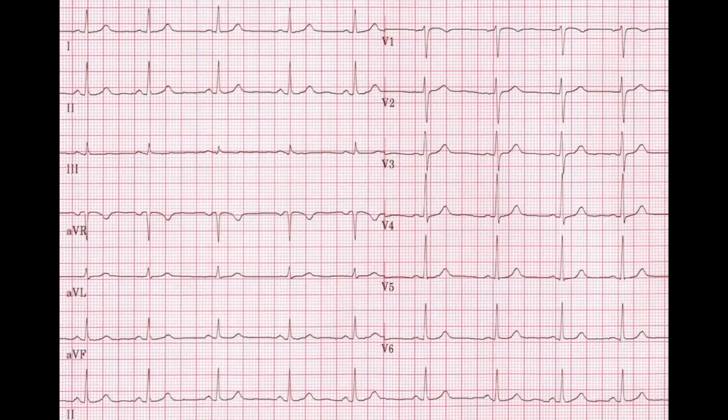And mind you, the P waves come from the atria, they don't come from the SA node. If the P waves are arising in different areas in the atrium, the shape of these P waves will be different. That is how you differentiate atrial ectopic from a normal sinus rhythm, normal complex.